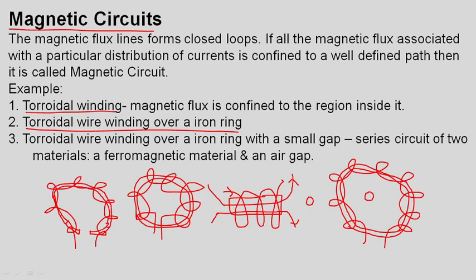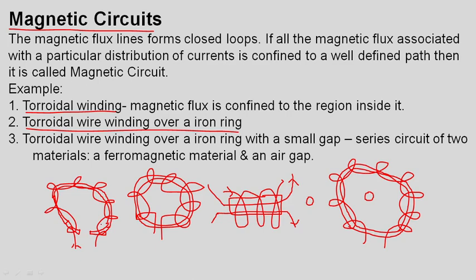So this ring may have the gap, and it may be made of different types of ferromagnetic material with different properties. When you pass a current, the magnetic flux will be confined to this circular region. But we can consider here the magnetic circuit made of different types of material in series: air gap, iron, nickel, cobalt, and so on in series.